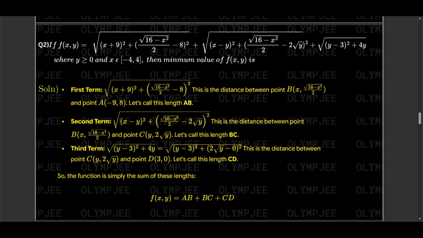Similarly, the second term is the distance between y comma 2 root y and x comma root of (16 minus x square) by 2. And the third term is also the distance formula between point C and point D, which is 3 comma 0, because this is 3 and we can write this as y minus 0.